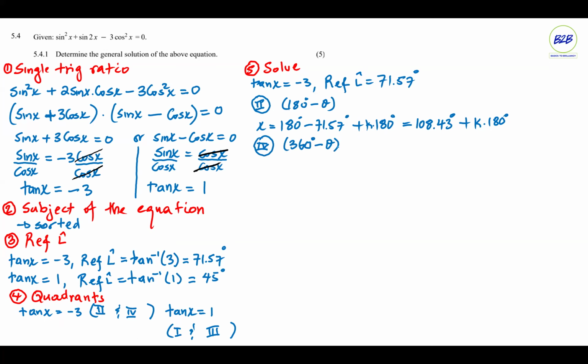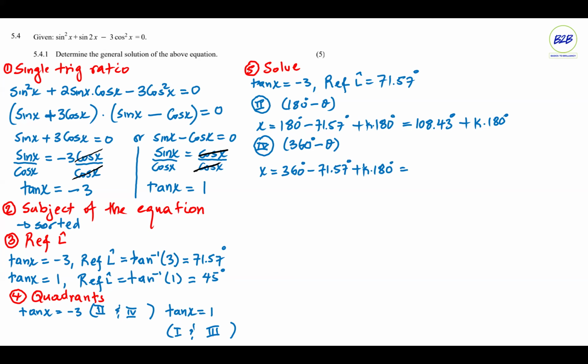In this case, theta is the reference angle, 71,57 degrees. So that will then be x is equal to 360 degrees minus 71,57 degrees plus k times 180 degrees.